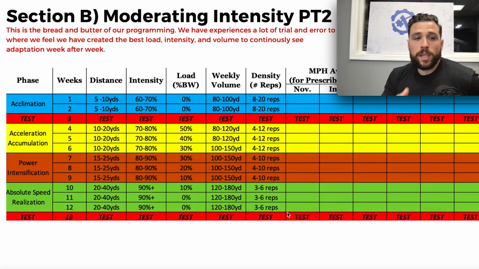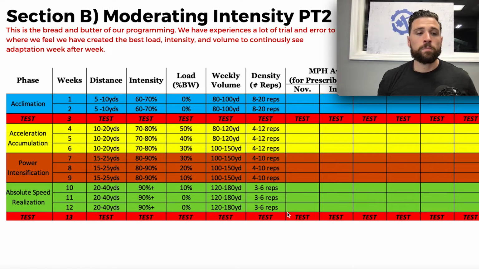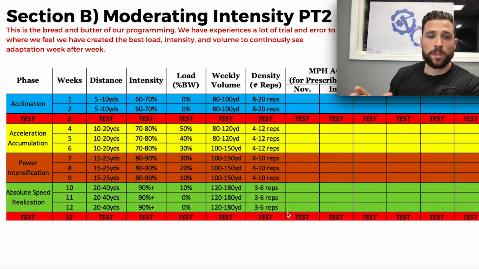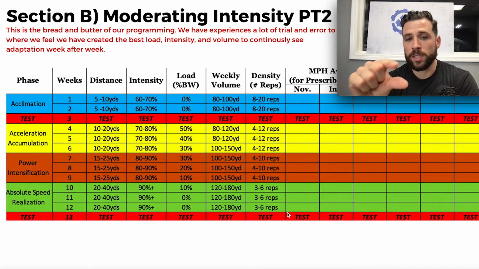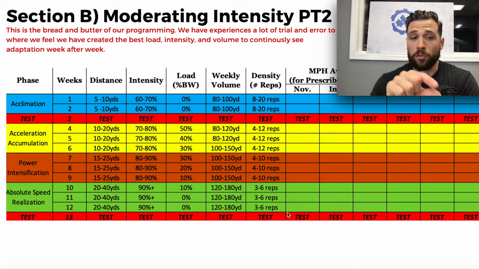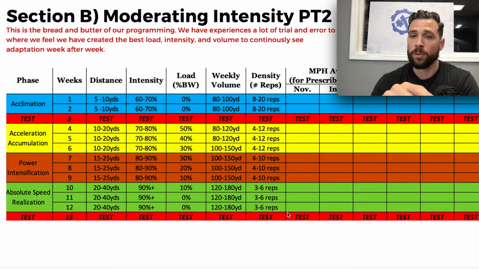Now, look at the transition from acceleration accumulation to power intensification. Intentionally, we found that utilizing that 30% range of one's body weight for a further distance, 15, maybe 20 yards at 30%, is important. They need a lot of exposure in that transition time.